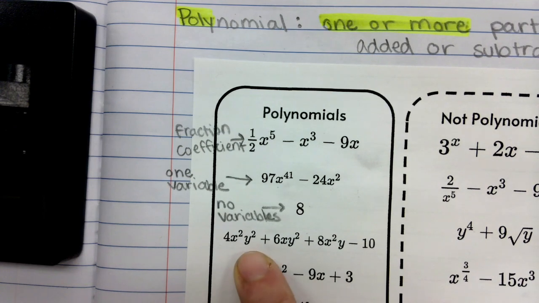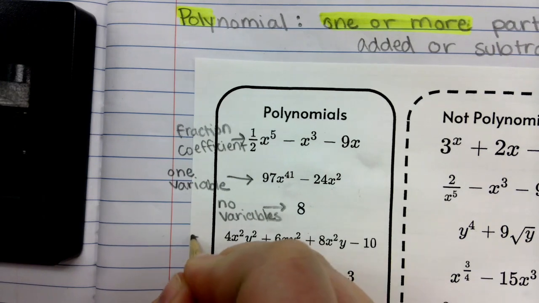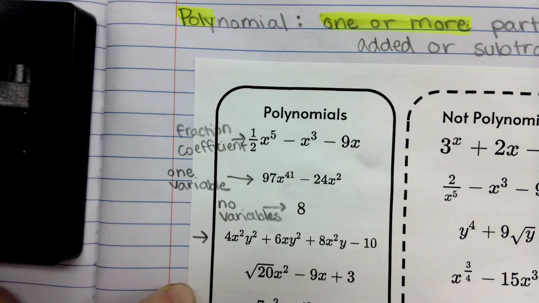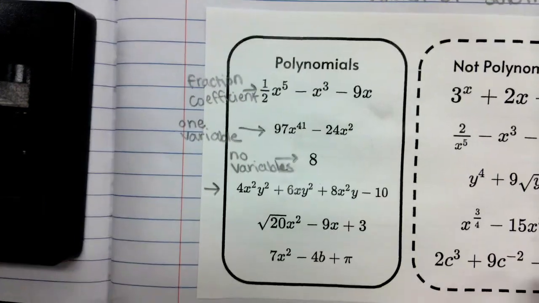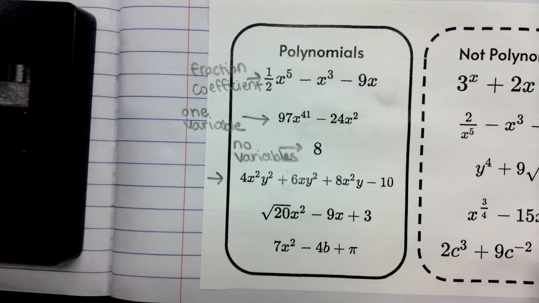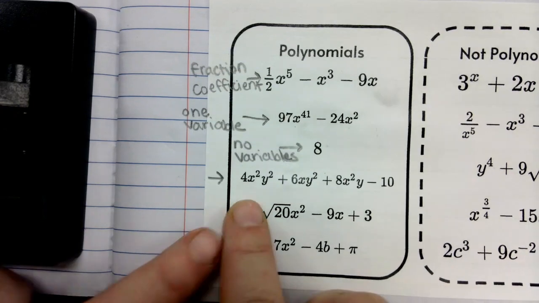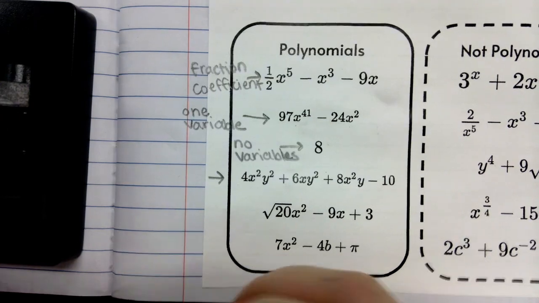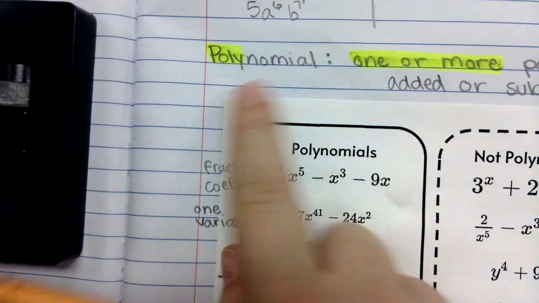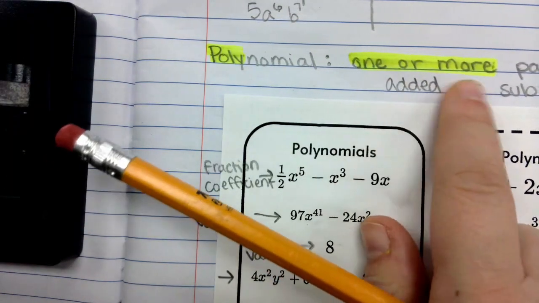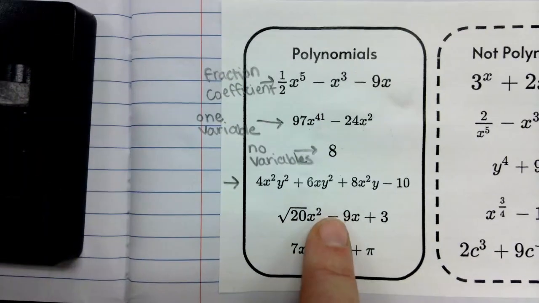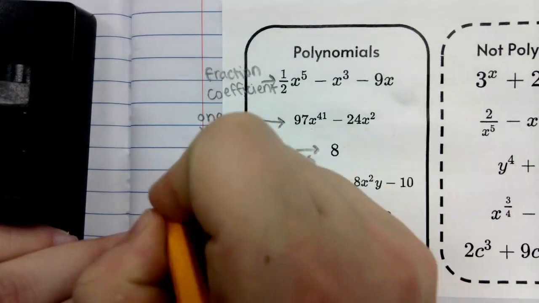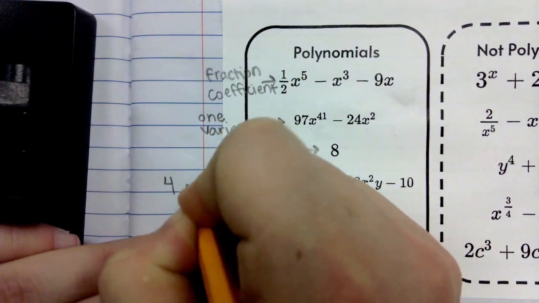This is the bad guy here. We can have no variable coefficients. Oh, not coefficients, sorry, exponents. No variable exponents. So if you see an x that's an exponent or a y or a j, that does not work.